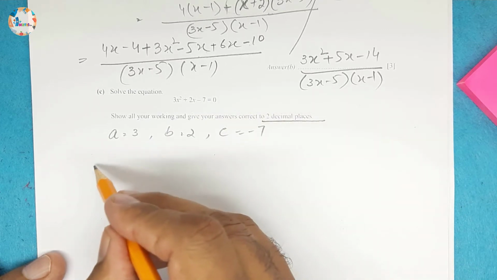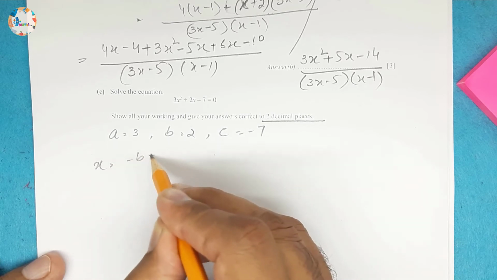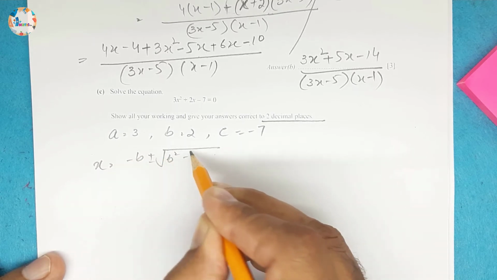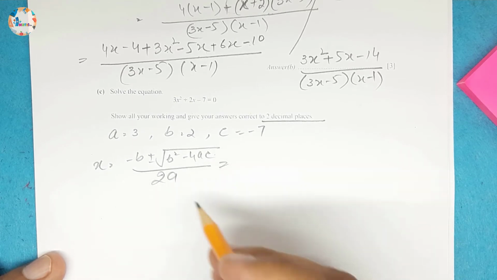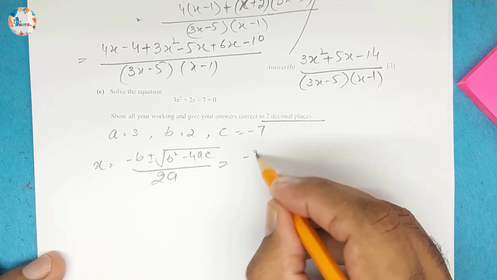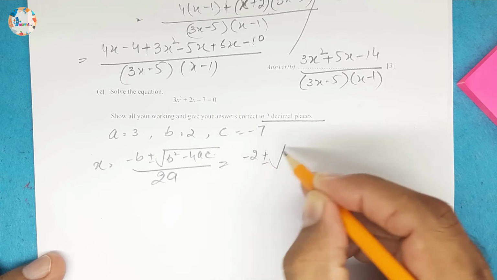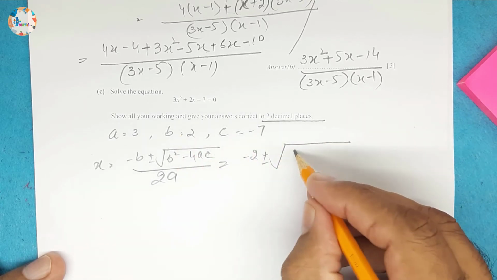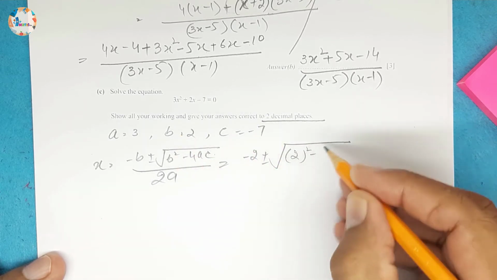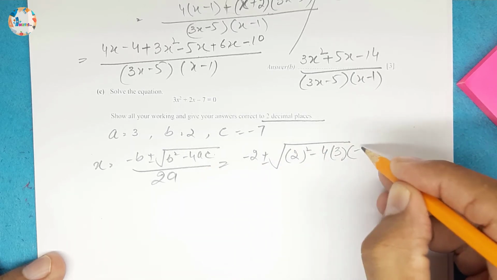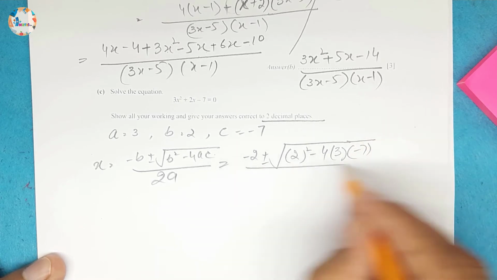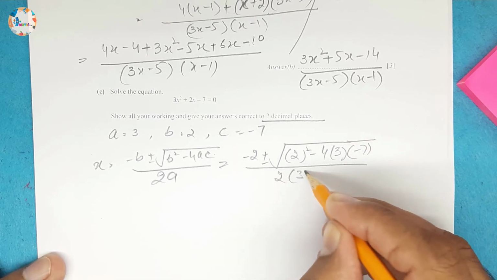So we can write x is equal to minus b plus minus the square root of b squared minus 4ac, over 2a. This is the quadratic formula. Minus b means minus 2, and b squared means 2 squared, minus 4 into a, which is 3, into c, which is minus 7, divided by 2 into a, which is 3.